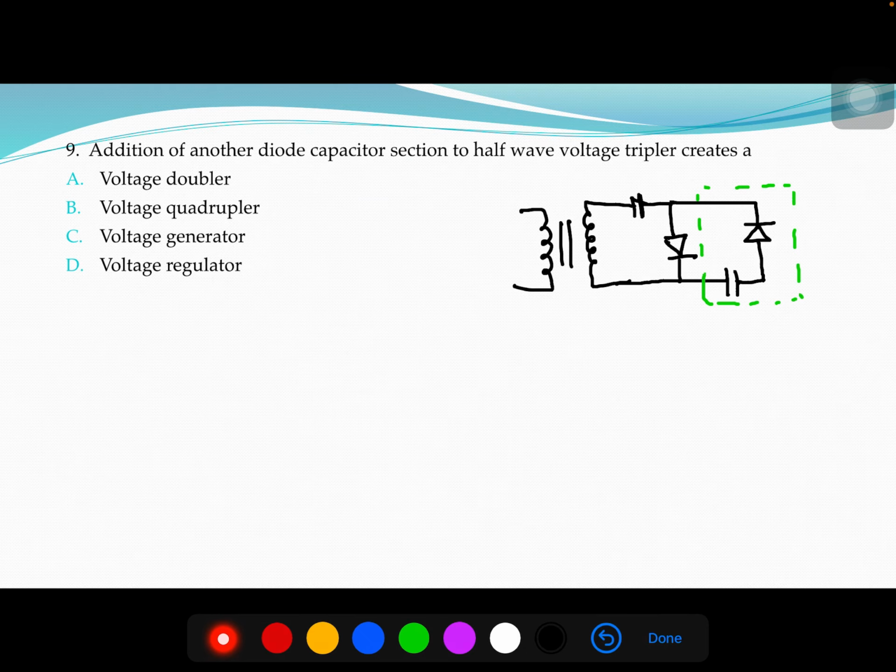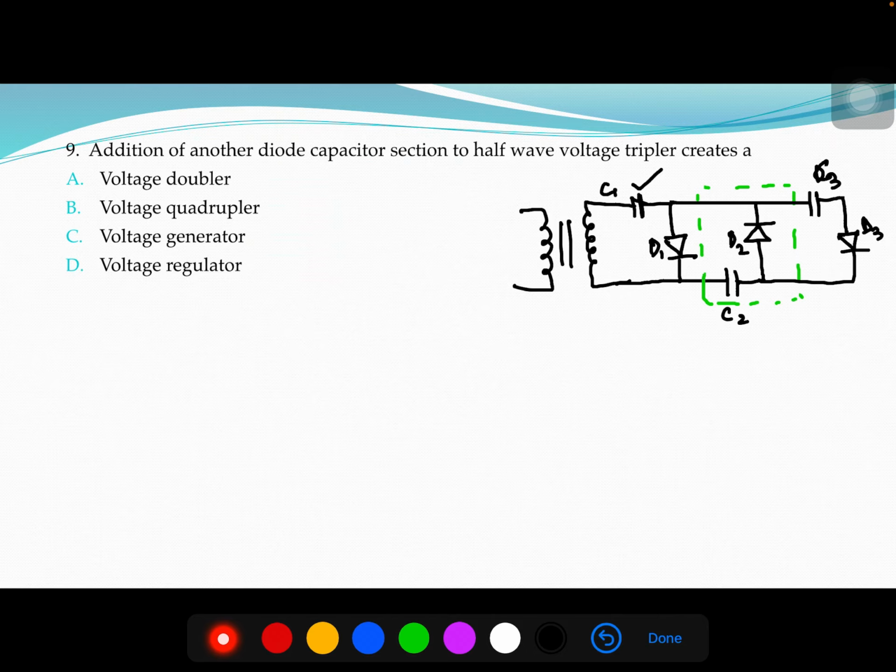So what is being asked is, you are given a voltage tripler. This is a voltage tripler because you have 3 diode capacitor sections here. First diode capacitor section D1 C1, second diode capacitor section D2 C2, third diode capacitor section C3 D3. So it is a voltage tripler.